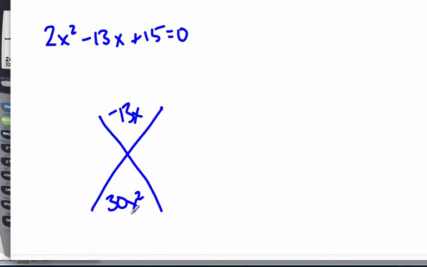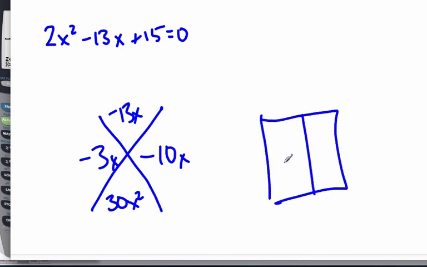What multiplies to get 30, adds to get negative 13? What two numbers? It'll be negative 10, excuse me, and negative 3. They multiply to get 30x squared. Go back to my box. I know this is my 2x squared and my 15. And this will be negative 10x and negative 3x.